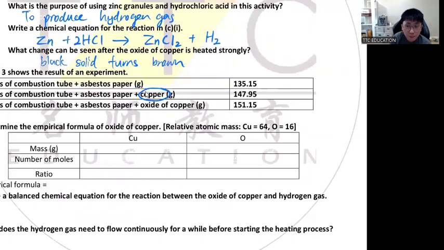So let's say for here, to find copper is this one. But how to find copper only? Minus off the tube and the paper. So we take 147.95 minus 135.15. While for oxide is here. To find oxygen only, I have to minus off the tube, the paper, and the copper. So we take 151.15 minus 147.95.